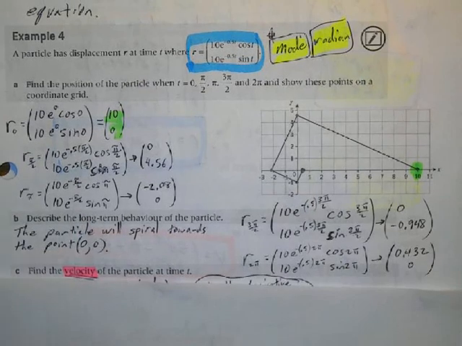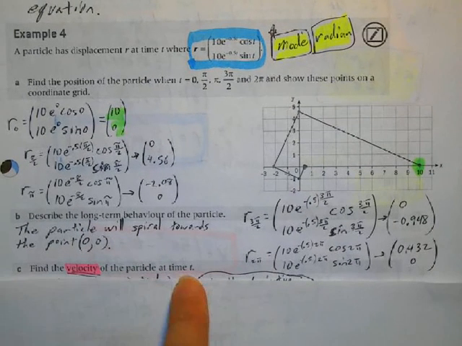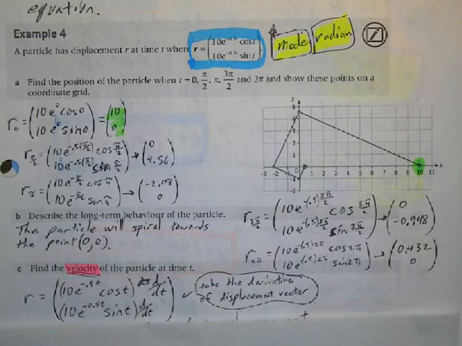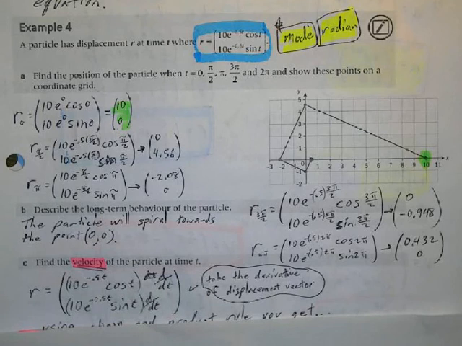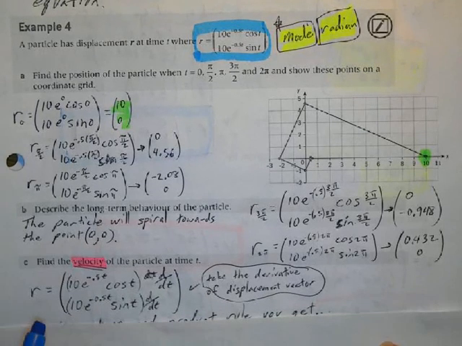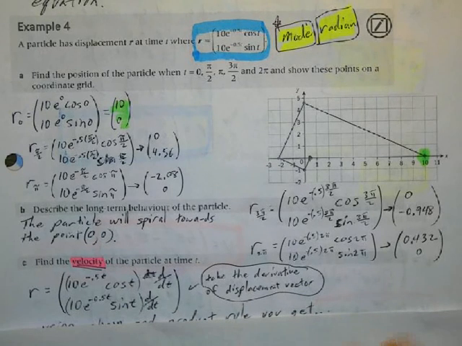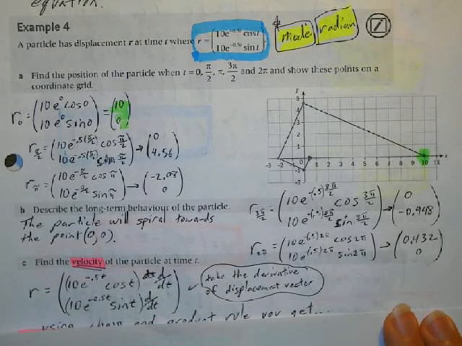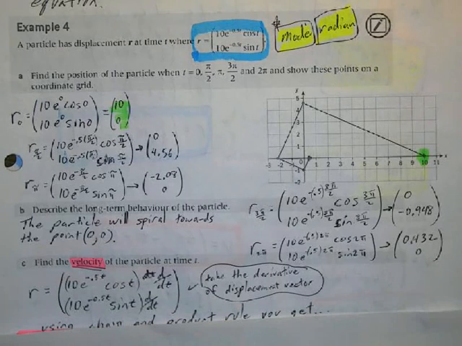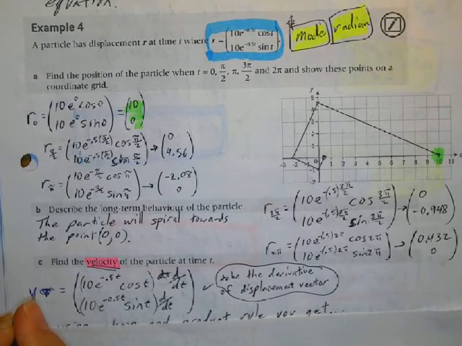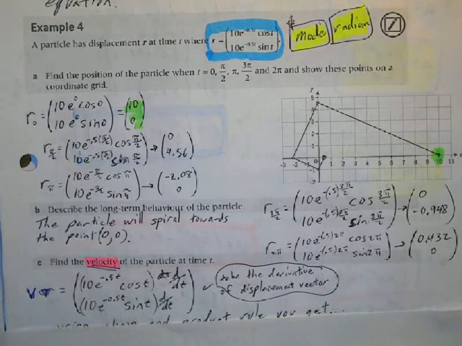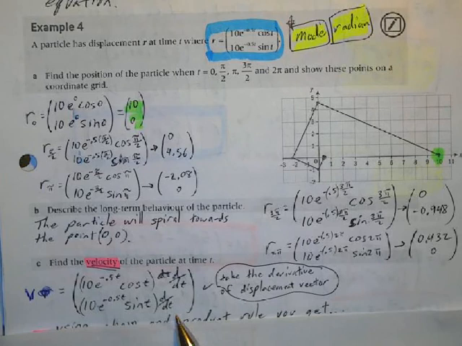Find the velocity of the particle at time t. Now this is kind of what we're going to be doing. This should be r v. Our velocity vector is found by taking the derivative of the displacement vector.